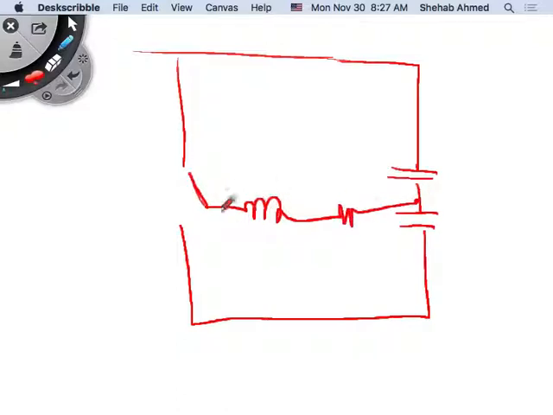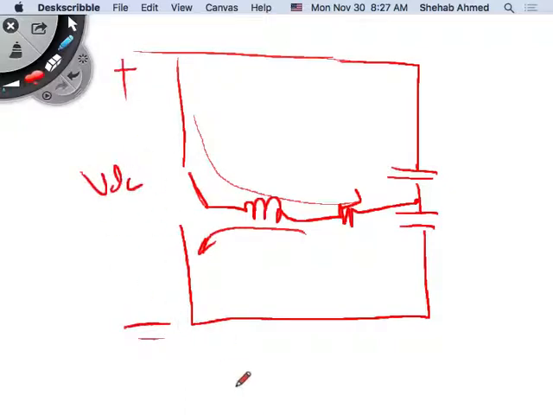When the switch is up here, current is flowing in this direction. When the switch is down here, it's flowing in this direction, right? This is plus minus VDC. So when you're in the dead time, actually none of these two switches are connected, but you will have current.